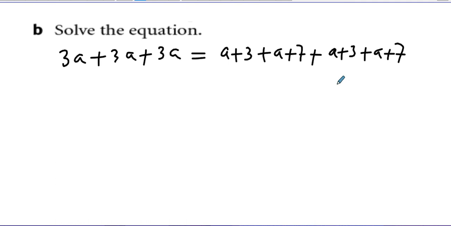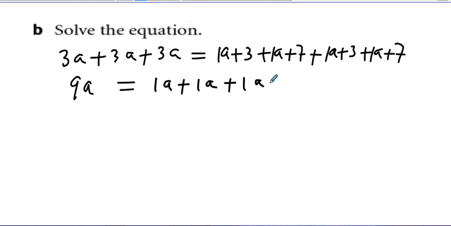Now let us start putting like terms together. 3a plus 3a plus 3a, that makes 9a. And here we have 1a plus 1a plus 1a plus 1a. How many a's are there? 1, 2, 3, 4.